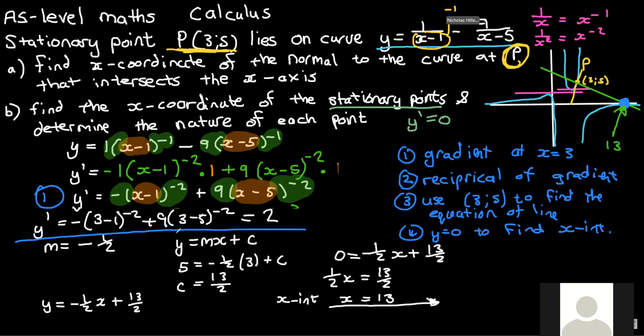So if it was 2, the perpendicular line would have a gradient of minus a half. Step 3 was to sub 3 and 5 into the equation. And then step 4 was to make y equal 0 to find the x-intercept. All right, so there we go. That is the question done and dusted.